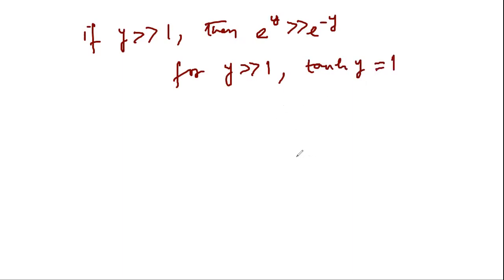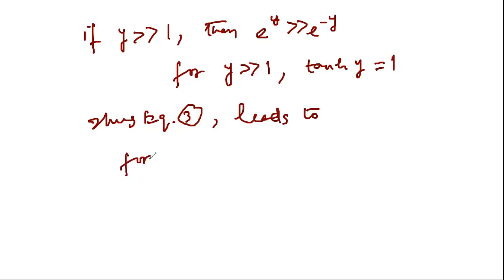Check this out. When y is much greater than 1, e raised to y is much greater than e raised to minus y. So for y much greater than 1, tanh y is equal to 1. Thus equation 3 leads to this.